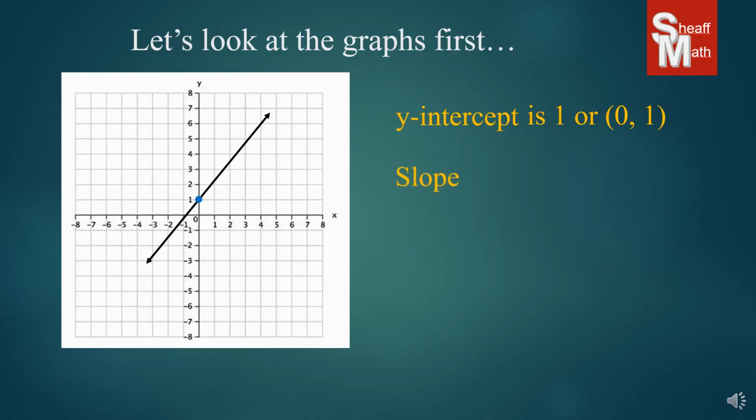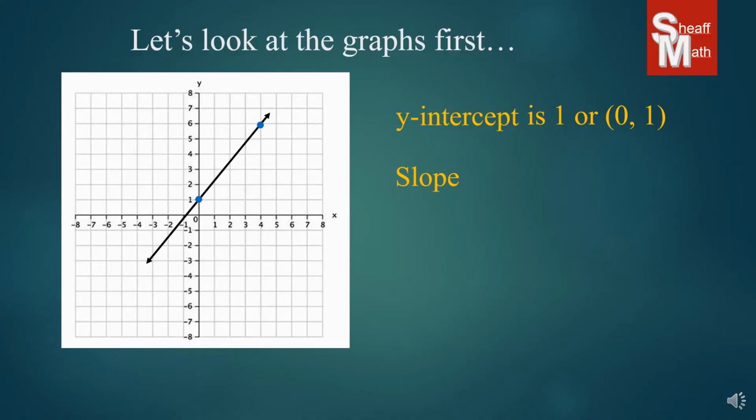Now the slope. In order to find the slope, you have to find two really good points on your line. You have to make sure both of the points are going through really nice crosshairs, or lattice points as we call them. And so looking at this one, I can see that the line is for sure going through 4, 6 as well. So with these 2 points, 0, 1 and 4, 6, I'm going to find the rise and the run.